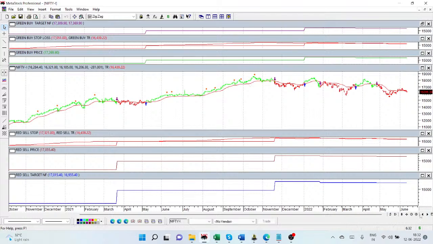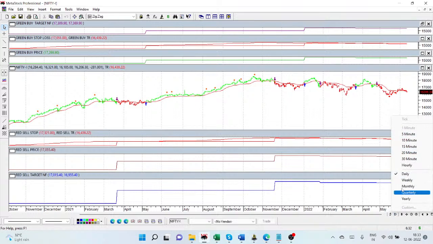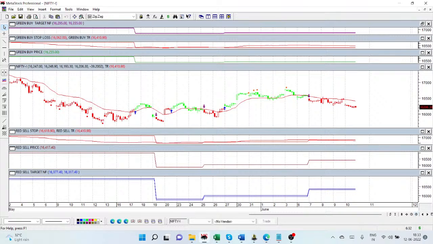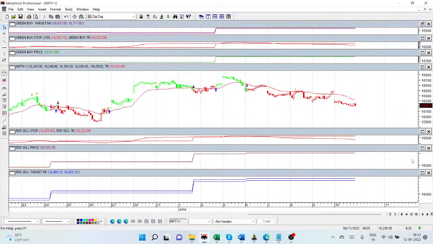In that case, we drop down to the hourly chart and try to find a new signal. When it comes, you execute at that time itself. Don't execute when there is no signal in the hourly chart. We want a new arrow irrespective of loss or profit. If you still don't get it, or you are in the middle of an hourly downtrend, then we drop down to 30 minutes.